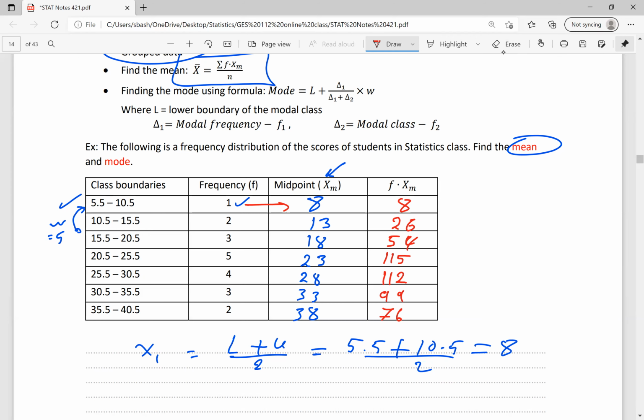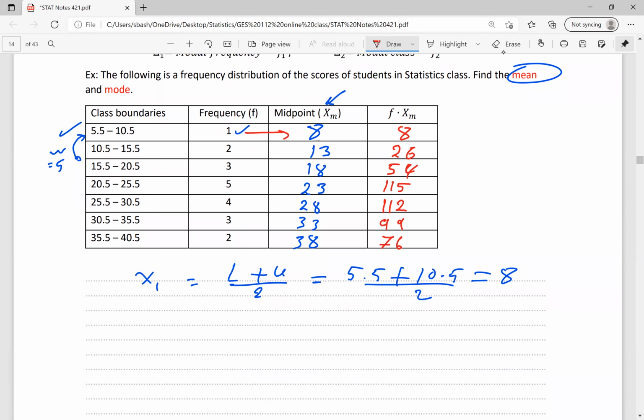Now I need to find the sigma. Add all of these. Now sigma of f xm is equal to, just find the total for all of these.